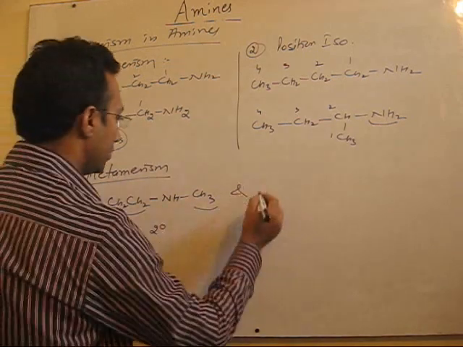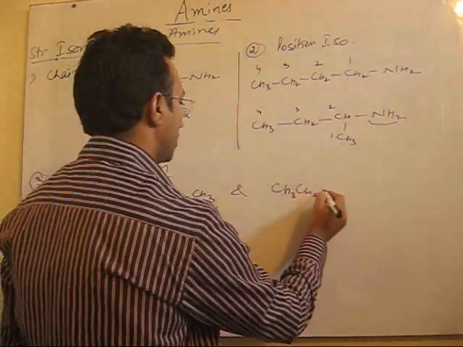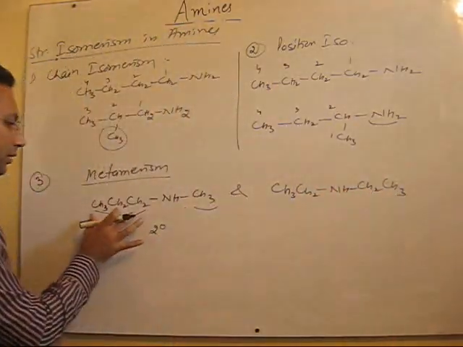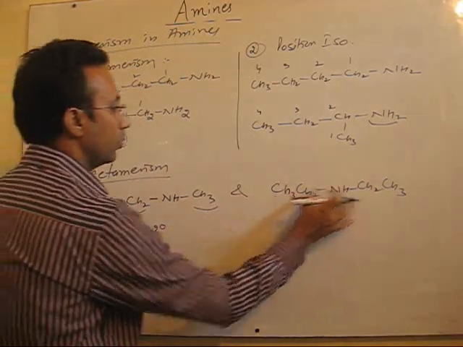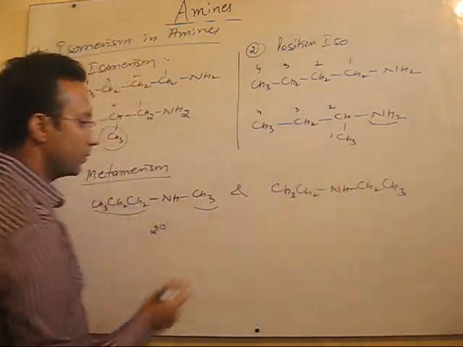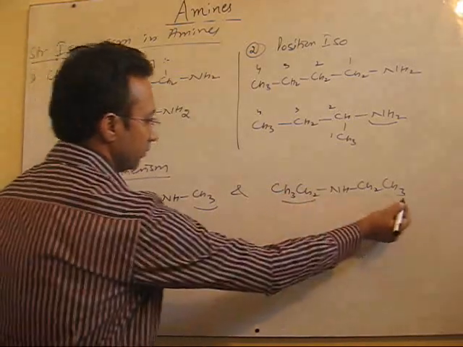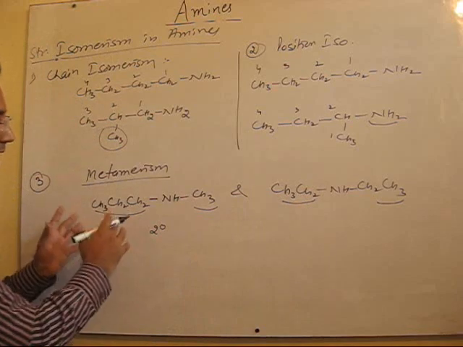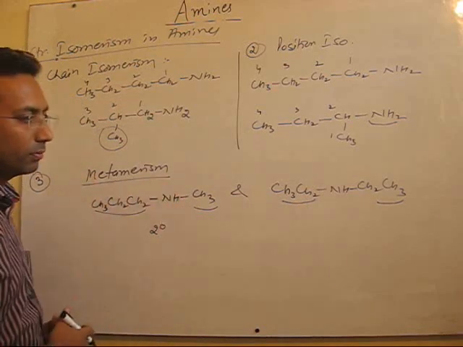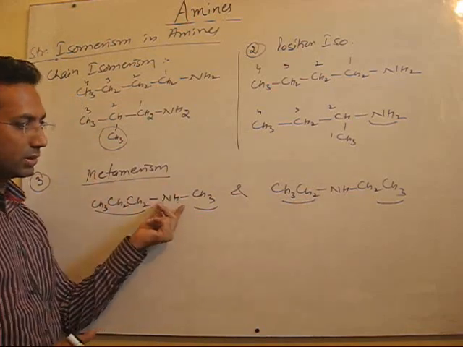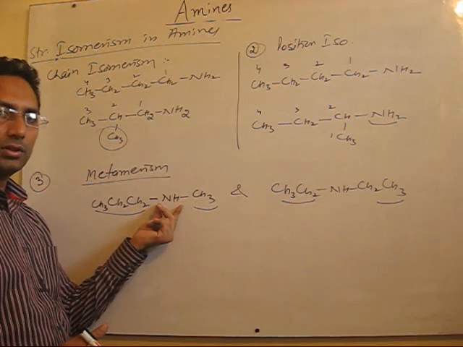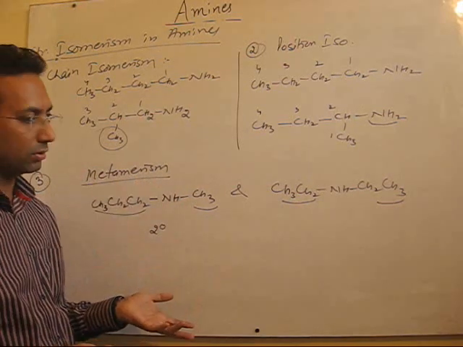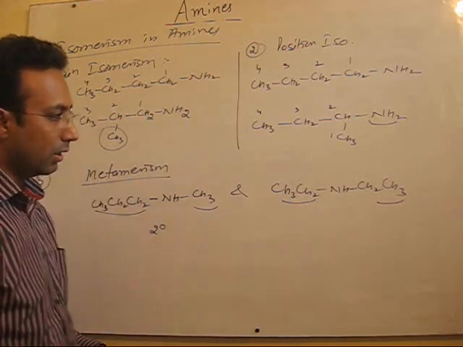Now, if I write its isomer, if I just write the structure like this, now you see there are 4 carbon here, there are 2 plus 2, 4 carbon here, but the groups are changed. Here you have ethyl and ethyl on either side. Fine. So this is an example of metamerism where alkyl groups on either side of the functional group change. Such type of isomerism also exists in ketones, in ethers, where you have alkyl groups on either side of the functional group, right? So in secondary amine we have this.